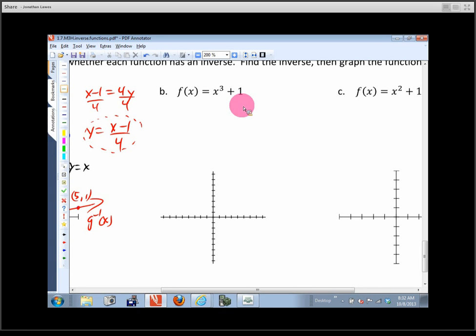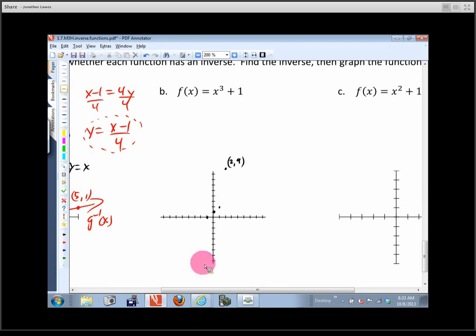Up 1, right? So it's going to cross right here, and then I'd go over 1 and up 1, back 1 and down 1. Over 2 and up 8. So that's going to put me up here at, let's see, 2, 4, 6, 8, about right there. Okay, this point would be 2, 9. And I'd go back 2 and down 8.